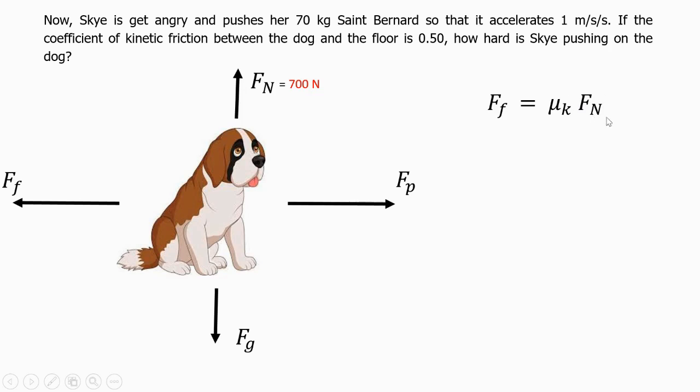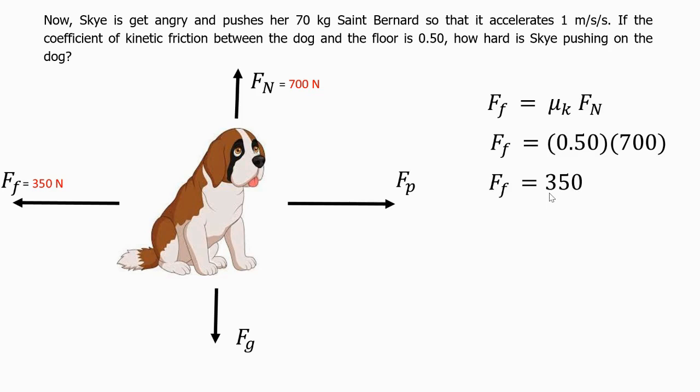For Fn, we'll put 700, and for the coefficient of friction, we're going to put 0.5 as the question gives us. The force of friction is 350 newtons. So notice that regardless of whether the dog is accelerating or moving at a constant speed, this friction force didn't change.